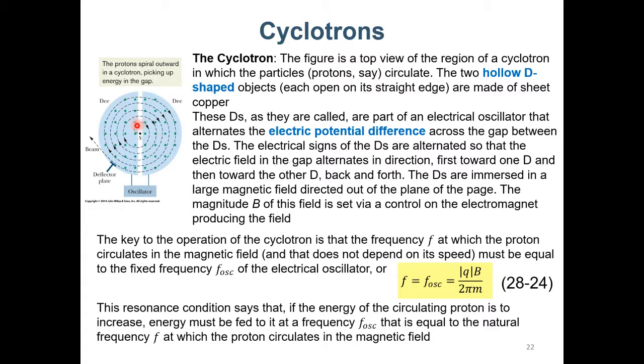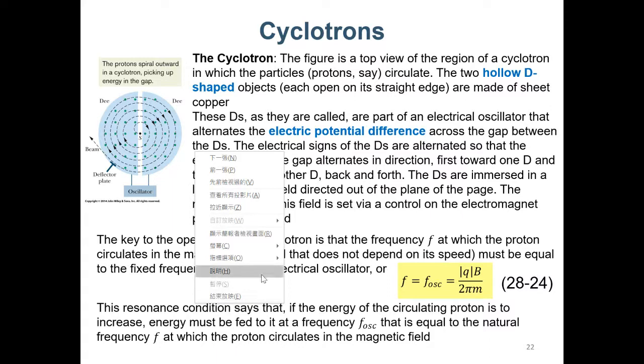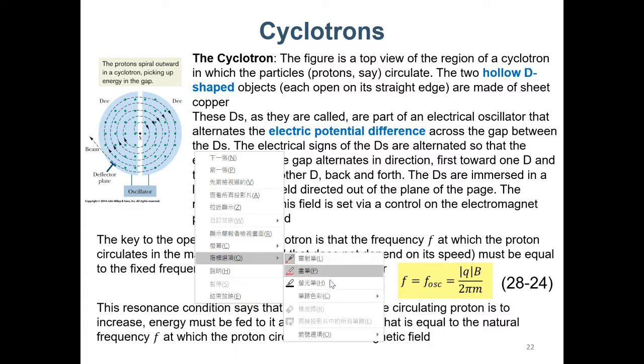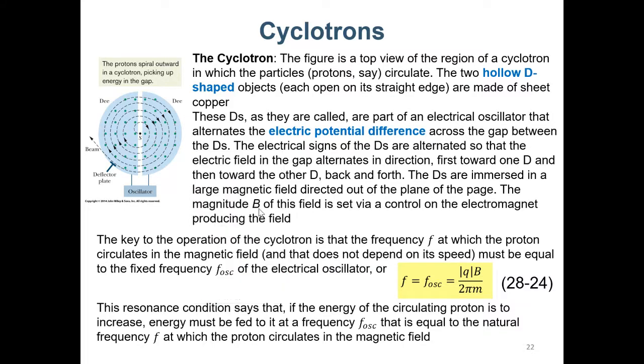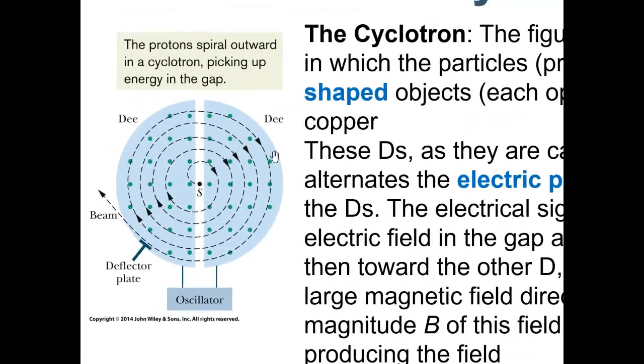Maybe I can try to enlarge it a bit. Okay. So when the charge goes to here, you have an E field pointing to the right, so the particle going from here to here will accelerate a bit.